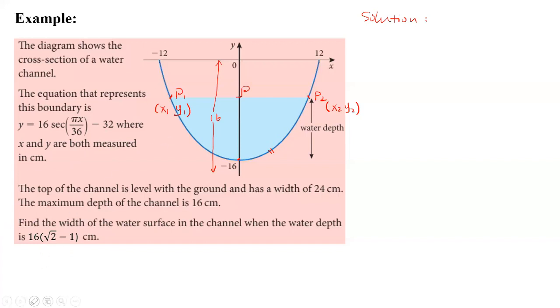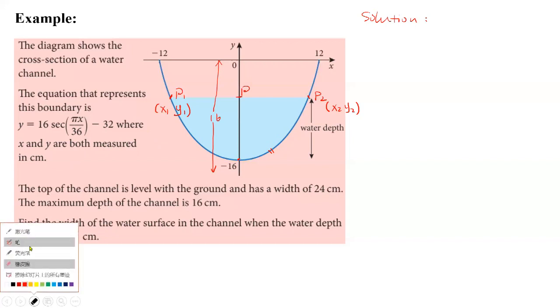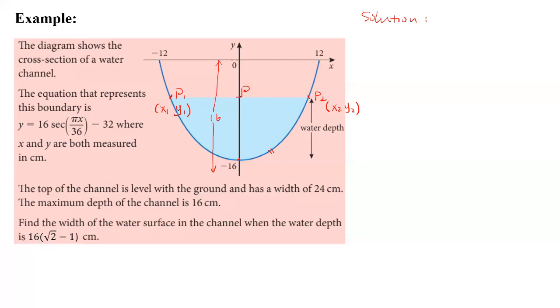And we want to find the width of the water surface, right? So that means we want to find the x coordinate of P1 and the x coordinate of P2. And then we know the distance between P1 and P2, right? And we also know the y coordinate of P1 and the y coordinate of P2.